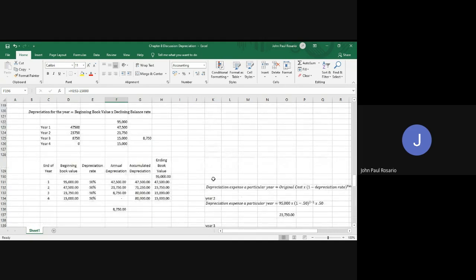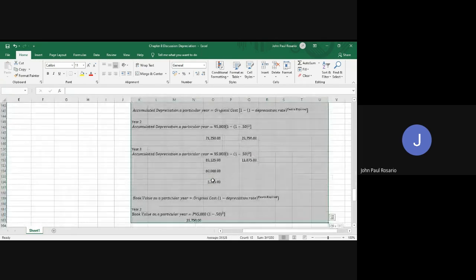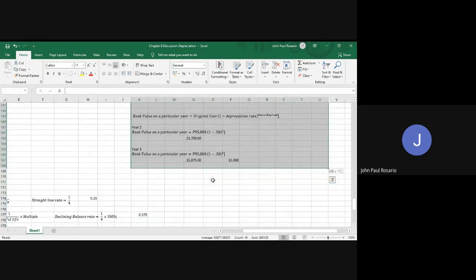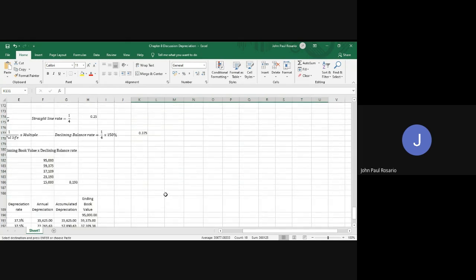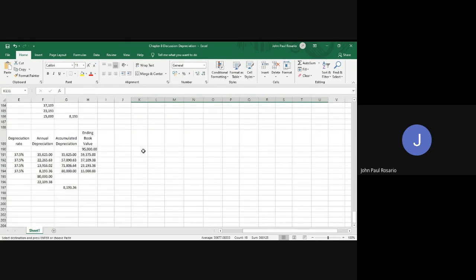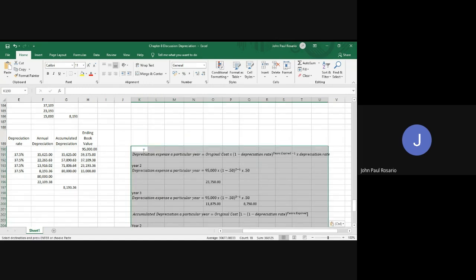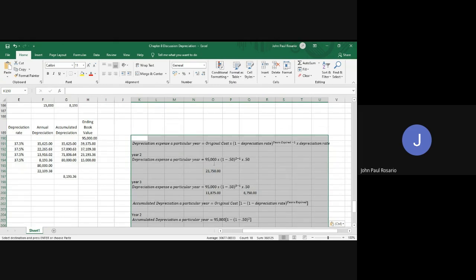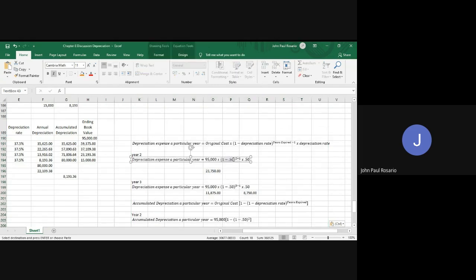Now let's try our hands on this part while using the second table, because I believe it's more ideal for the formulas, since on year 3 there is no need to adjust. Depreciation expense in a particular year, that's 195, our declining rate is 37.5, then times 37.5.